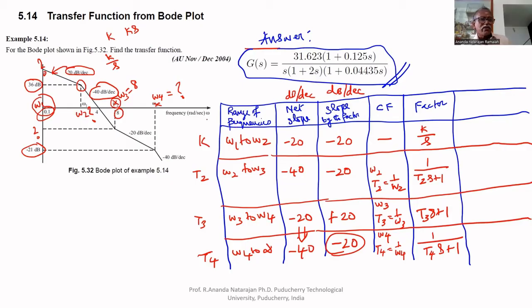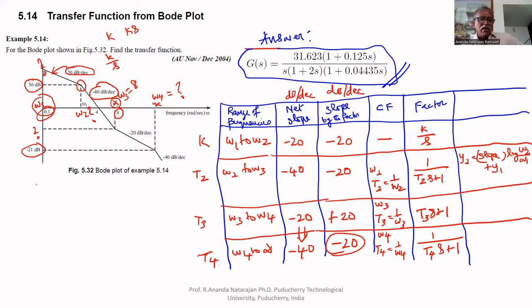The magnitude is known at omega 2, so first we have to find omega 2. To find omega 2, we write y2 equals slope times log of omega 2 by omega 1, plus y1. This is the formula that we use.